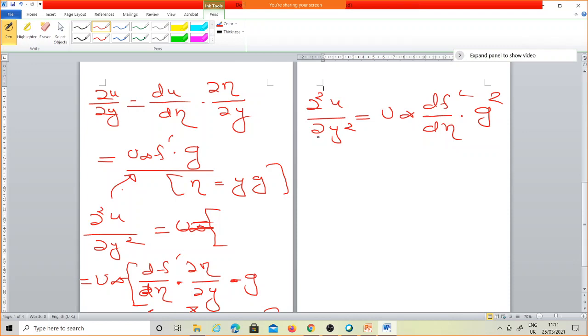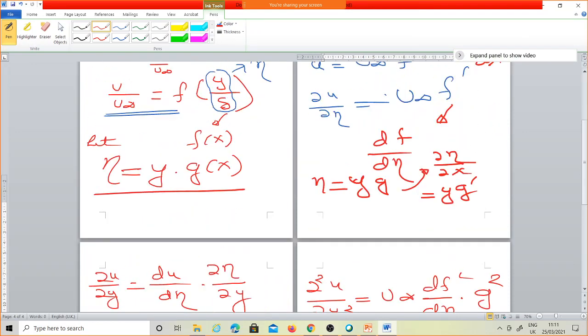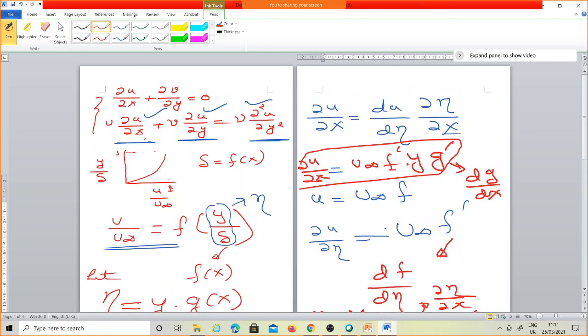So now you already have the things that you need: del u by del x, del u by del y, del square u by del y square. Now let's try to find out what v is from this equation, how we can write v. So v should be mu del square u by del y square minus u del u by del x, divided by del u by del y, right?